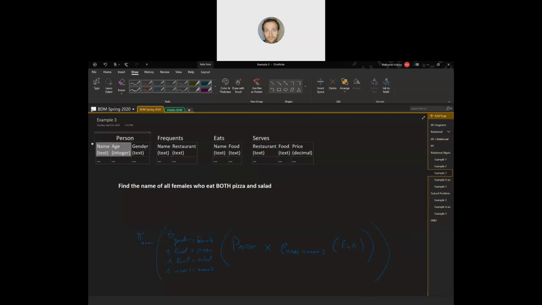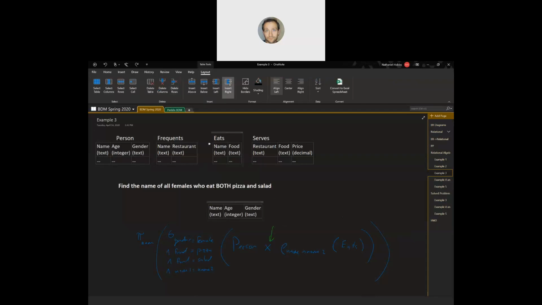I'll start with the cross product. And this would result in a table that looks like this. If one of you knows how I can do this without inserting and deleting columns, I'd love to hear it.